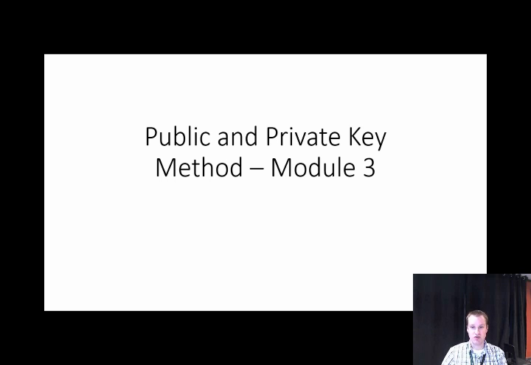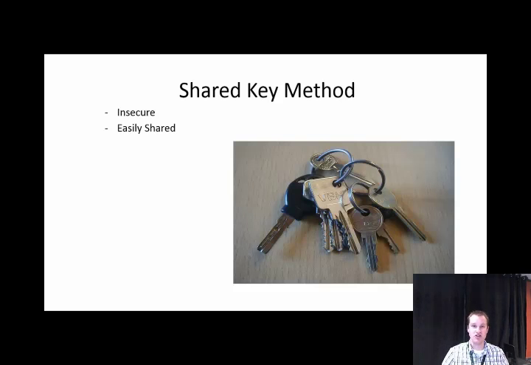In the previous module we talked about something called the shared key method, which was an earlier opinion about how encryption should work. Just to remind you, it works a lot like the keys to your house. I have to give you the keys to my house in order for you to get through the locked door.